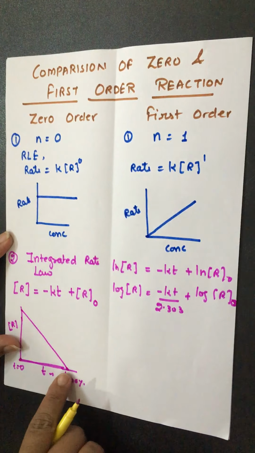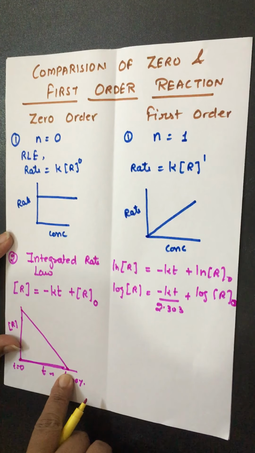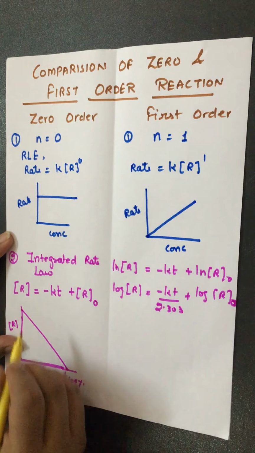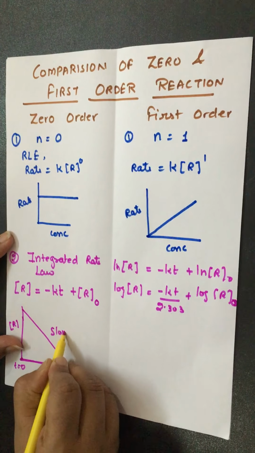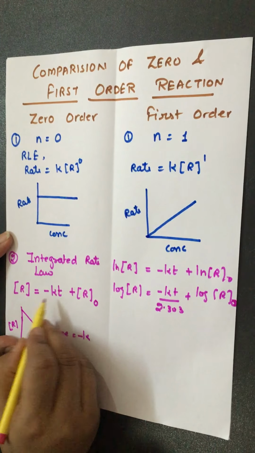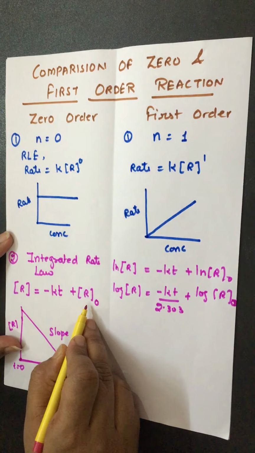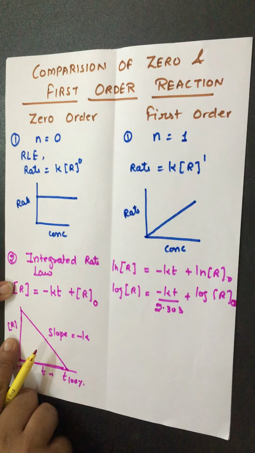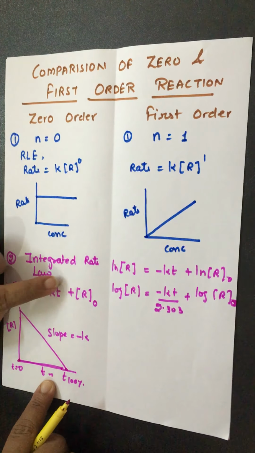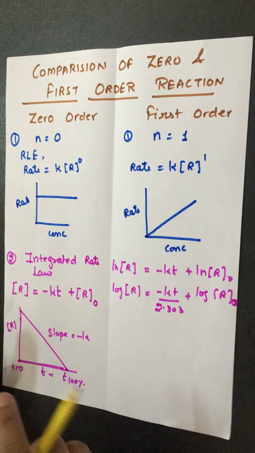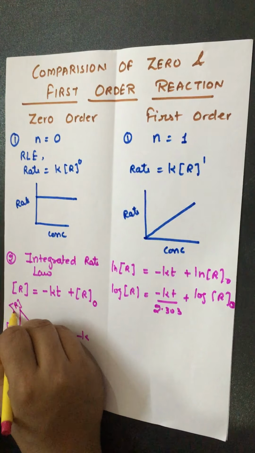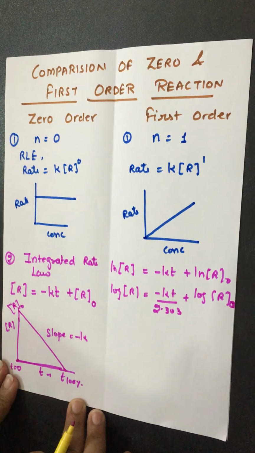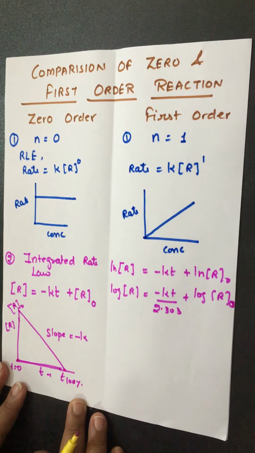It means the time at which the whole reactant is converted into product, meaning the reactant is completed. So slope is equal to what? Slope equals minus k, because this equation is a straight line equation, y equals mx plus c. On the y-axis concentration of R, on the x-axis time, slope equals minus k, and intercept will equal R naught, like this. Hopefully all of you will be able to plot the graph for the zero order integrated rate law equation.